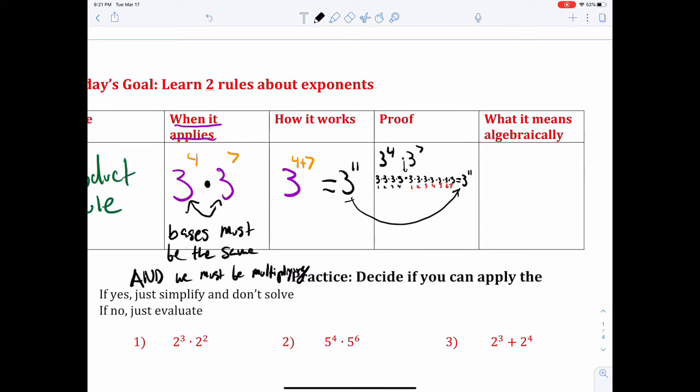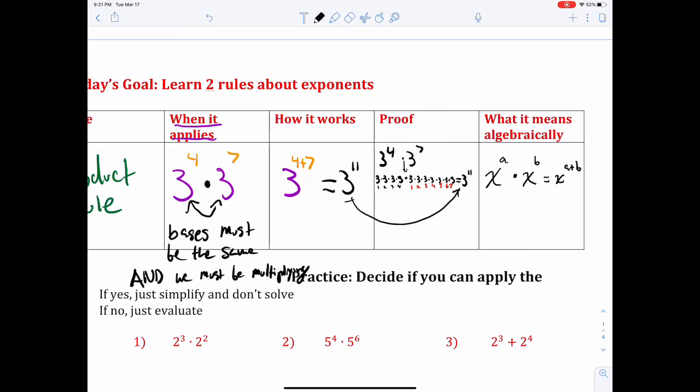And that leads us to what this means algebraically. So if you were to see this rule algebraically, sometimes you might not be dealing with 3's. You might be dealing with a number you don't know. So that might be like x. And say it's raised to some power you also don't know. We might call that a. And if you multiply it by itself, so x to some other exponent, b, you'll get x to the a plus b.